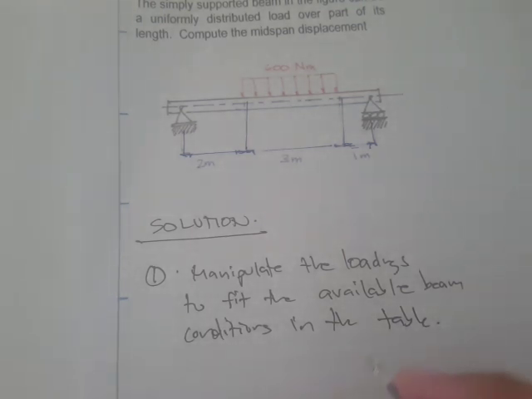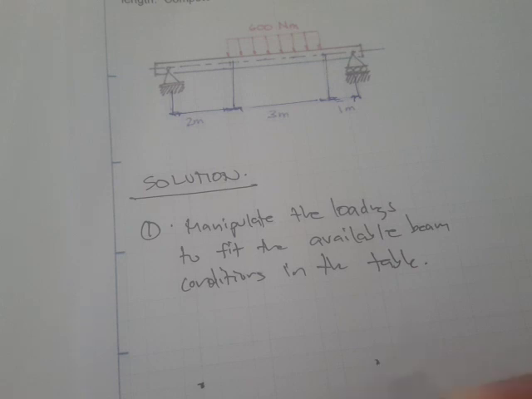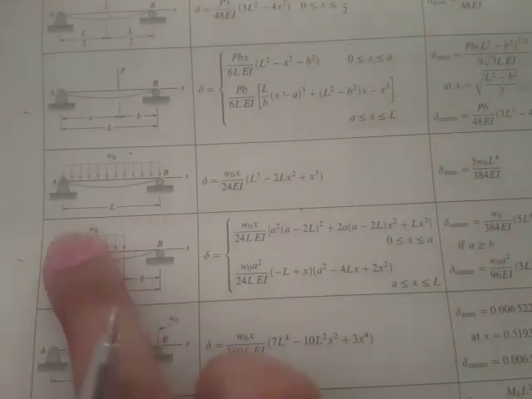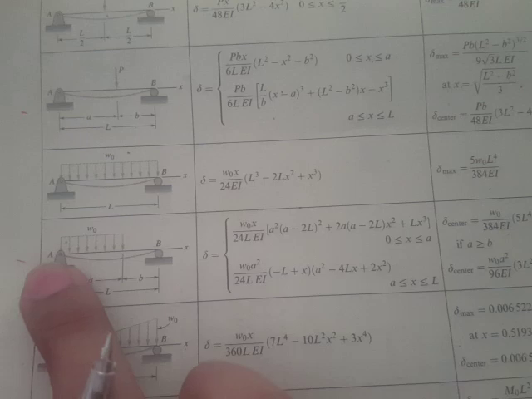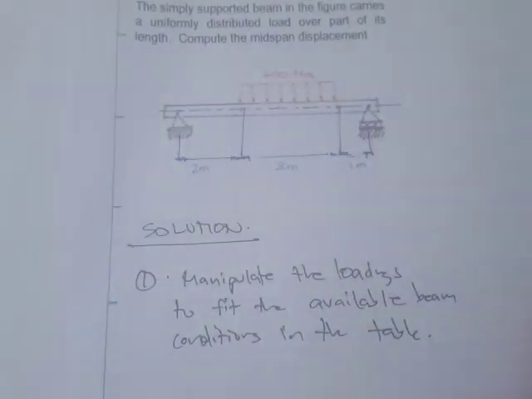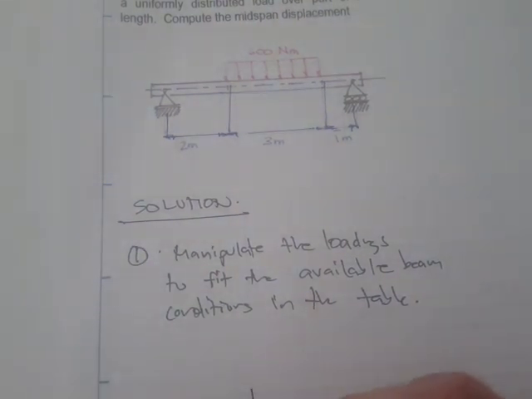So how do we manipulate that? Is by this. If this is our first beam, we only have this. So let's extend one of the loadings to one end. So something like this.